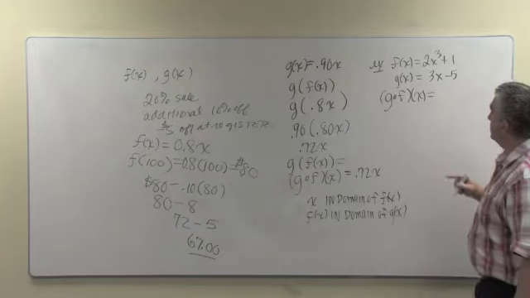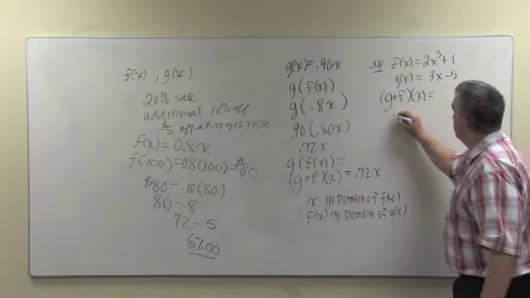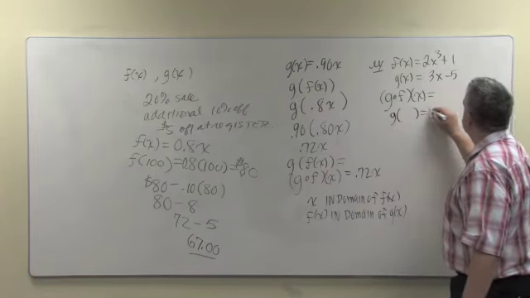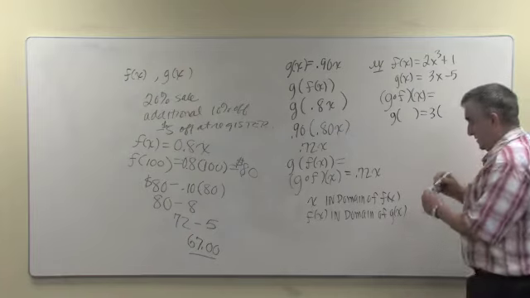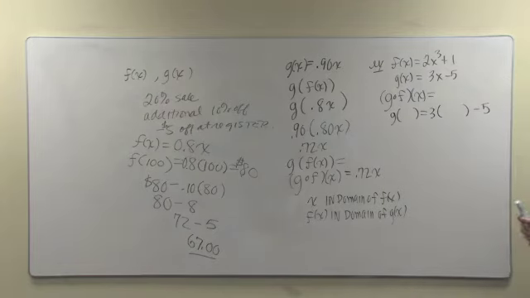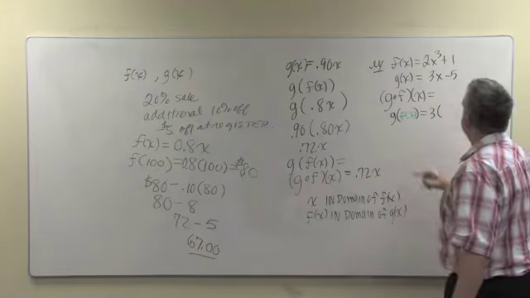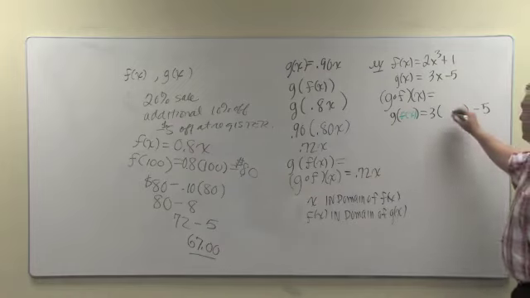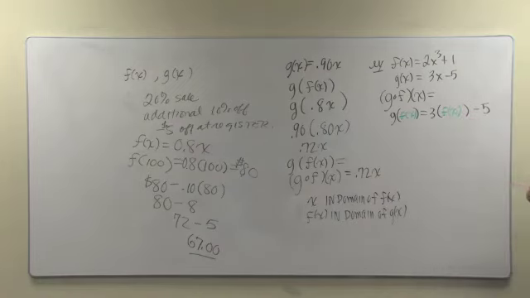The g function is our outer function. And we can think of the g function as the function which says 3 times the input minus 5. Now the input is going to be f of x. That's what this says, f of x. So we're going to multiply 3 times f of x minus 5.